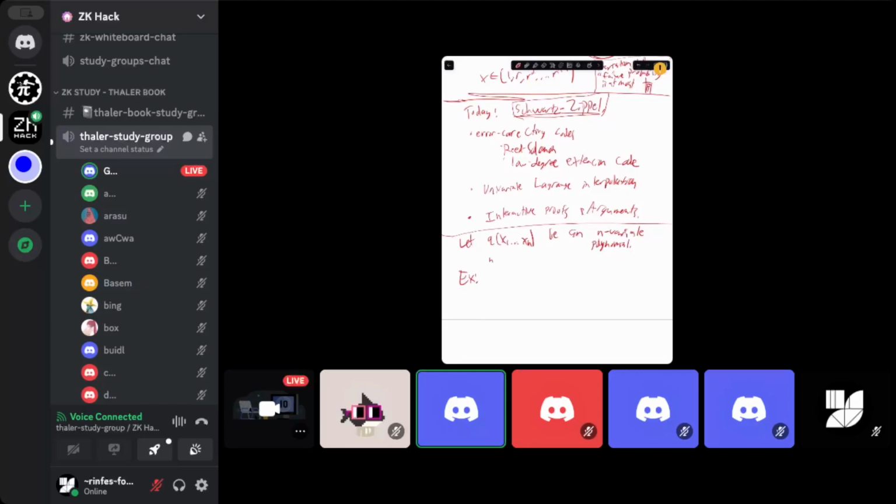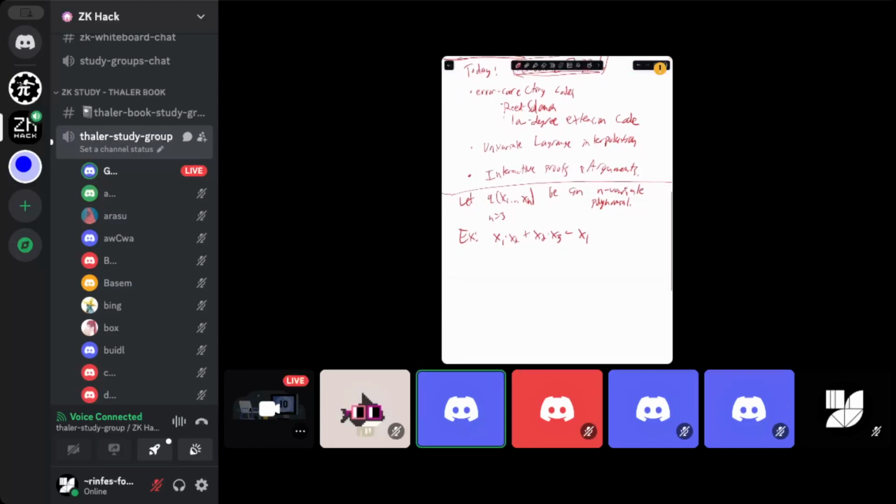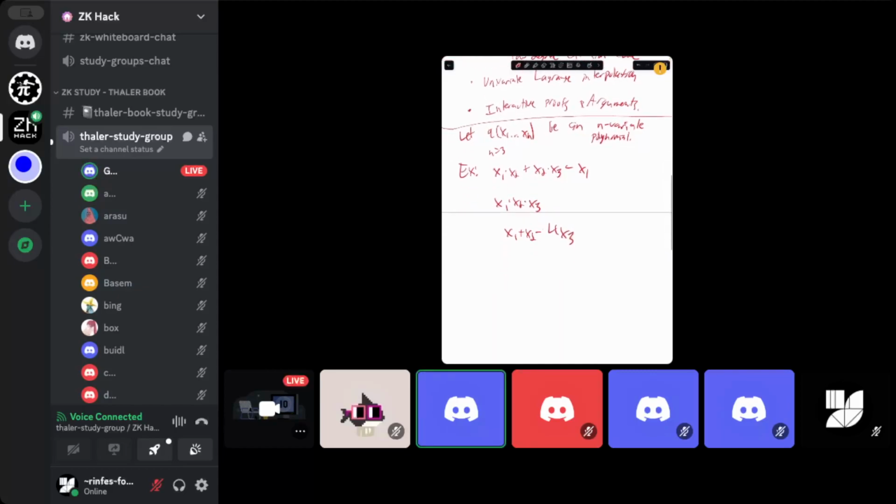Maybe n is 3 and Q is x1 times x2 plus x2 times x3 minus x1 or something. Another example would be x1 times x2 times x3, or maybe x1 plus x2 minus 4x3, whatever.